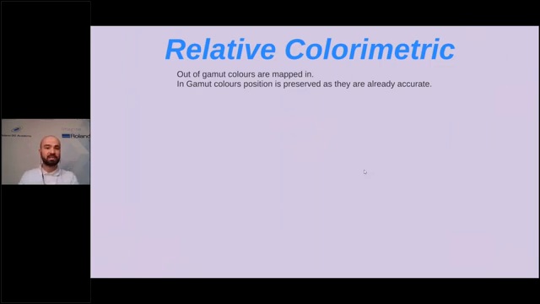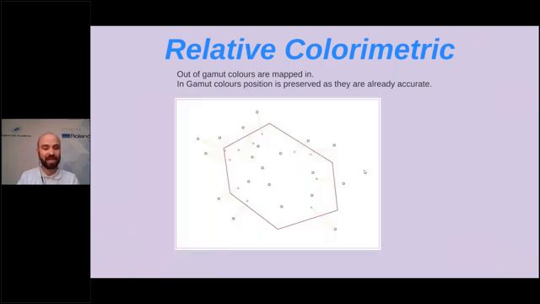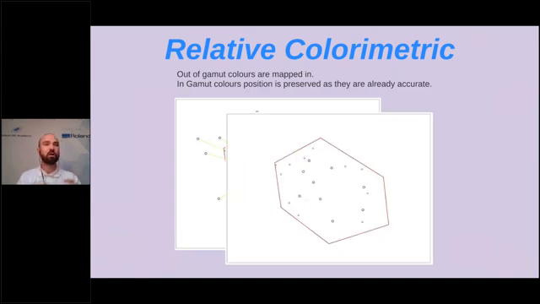Next, we'll look at relative colorimetric. Out of gamut colors are mapped in. Again, if we look at this diagram, same as the previous option, all of these colors that are out of gamut are moved in gamut. But in this option, all the ones that were previously inside gamut are preserved in their same location, so those aren't moved.